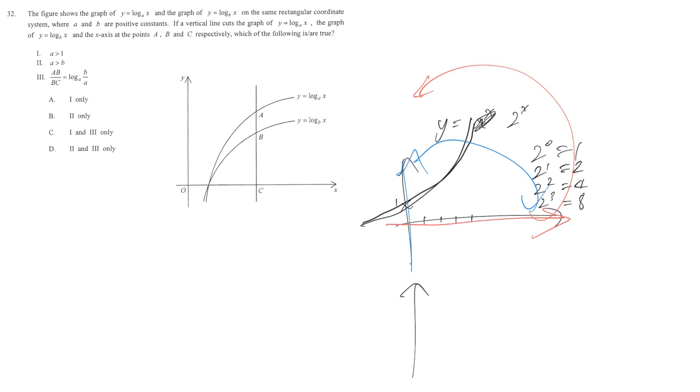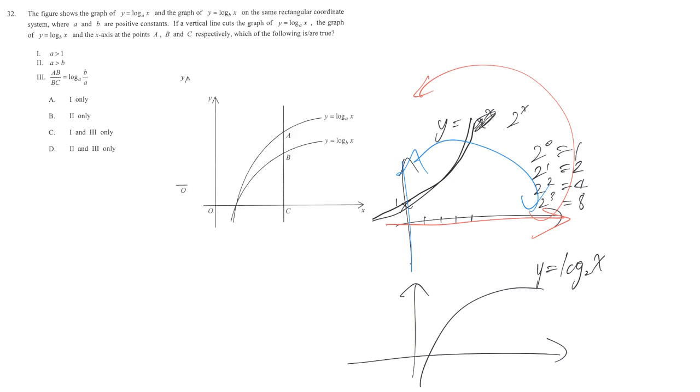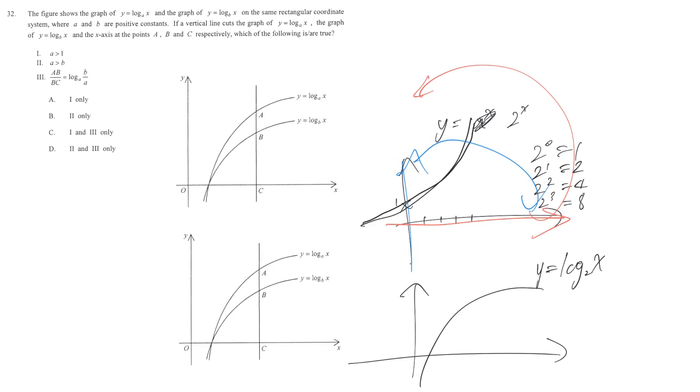That's why the logarithm will become reversed like this. So this is y is equal to log base 2 of x. Log base 2 of x is like this. So if I try to use the graph to present the idea, this is the graph.